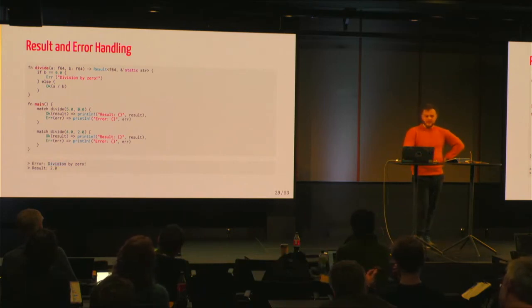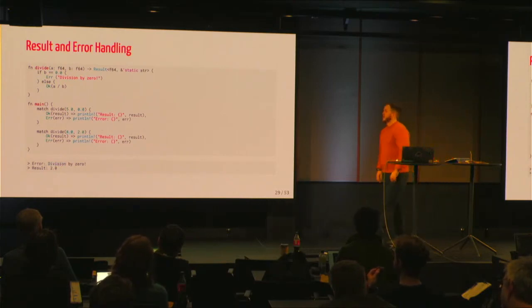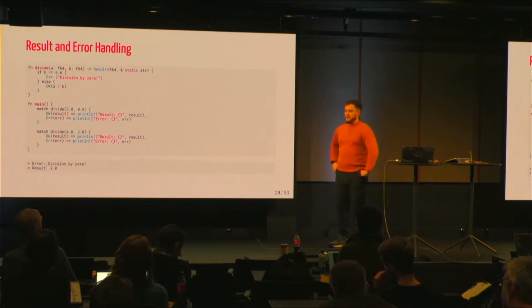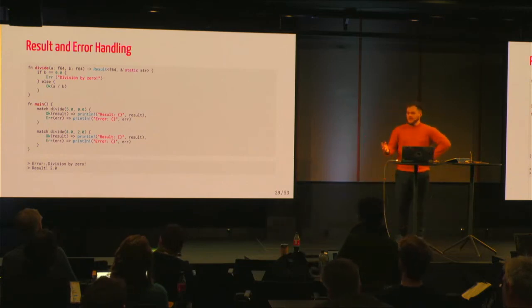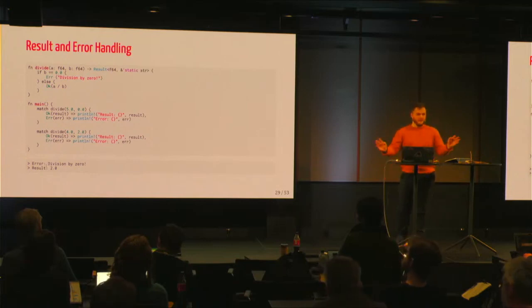The next one, we try to divide 4 by 2, which is fine, and we print out 2. I prefer this way of handling errors as opposed to my spaghetti of catches and tries in TypeScript, and probably other languages as well. I'm just a fan of Rust, by the way, if that's not apparent.